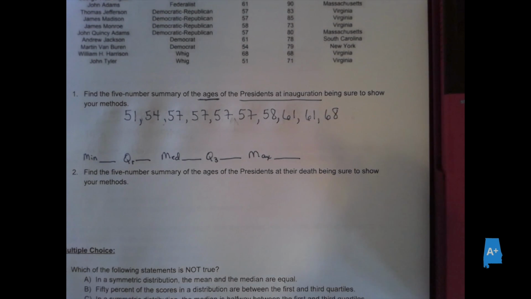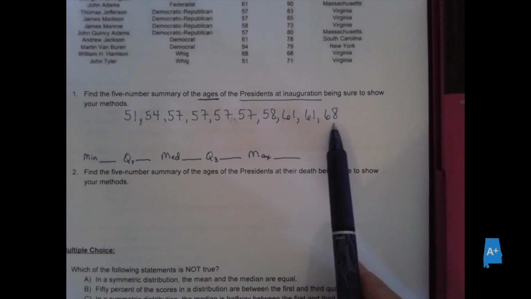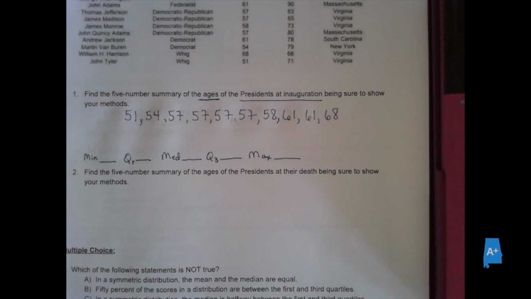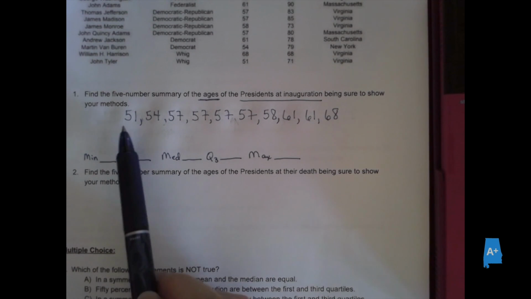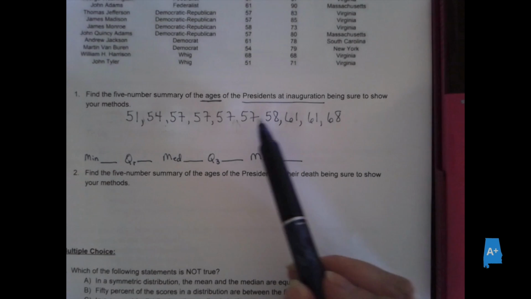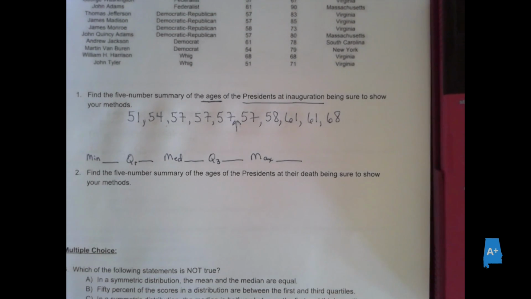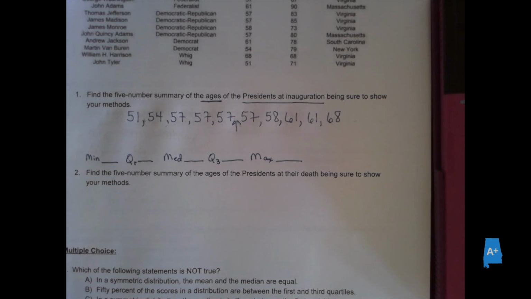So here we go. If there are 10 numbers in this, the ages of the presidents' inauguration, then we have an even number. So we're going to count 1, 2, 3, 4, 5. And 1, 2, 3, 4, 5. So right here, right in the middle of those, the average of those 2 numbers will be my median.